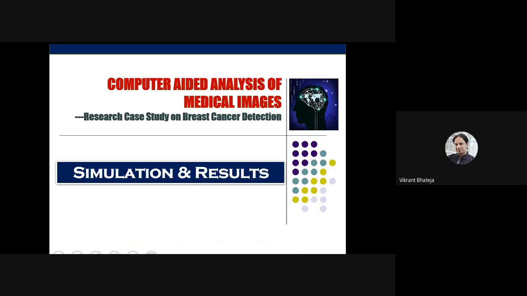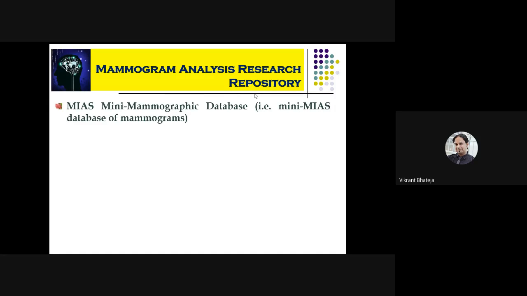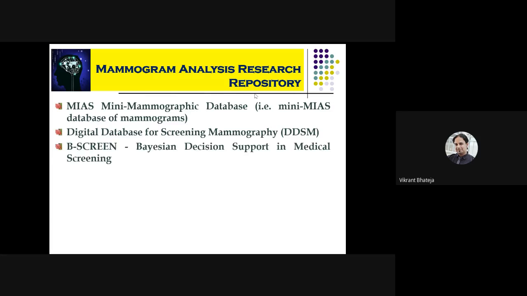Now, once we have developed this algorithm, let's see what happens when we apply it on the experimental front. To start research, as I told you, one has to start with medical databases or the research repositories which exist. These are very well-known and common benchmarking databases available for mammographic research: the MIAS database, the DDSM database, and the B-screen database.